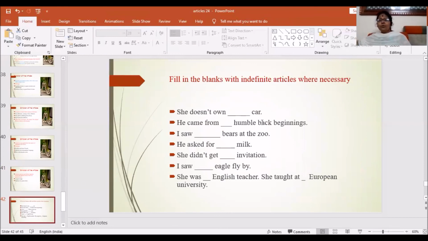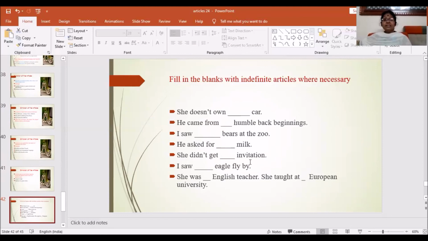She doesn't own a car. He came from a humble background, right? There is no need of an article over here. I saw bears at the zoo. Now bears are plural, so we don't use an article over here. He asked for milk, no article, right?